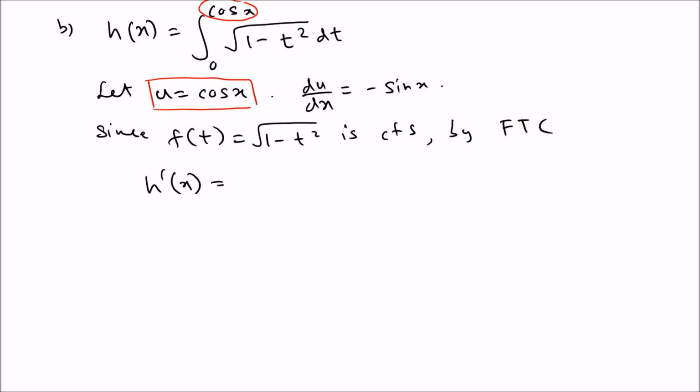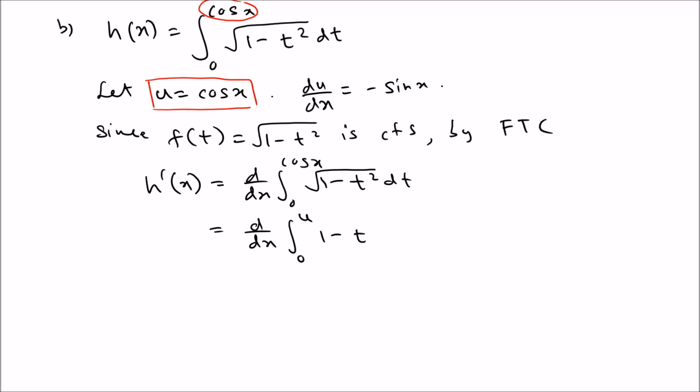What we need to do here is take the derivative d over dx of the integral from 0 to cosine x. I'm going to write all these steps here, especially since this is the first problem. What's the first step? You can replace cosine x with u, so the integral from 0 to u of the square root of 1 minus t squared dt.